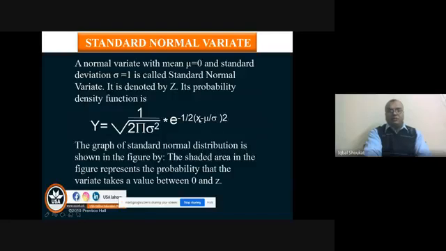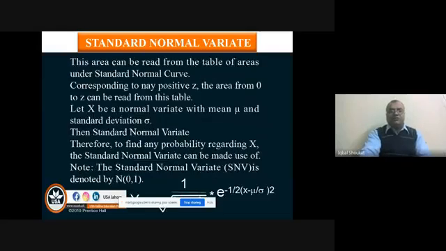Here you will see x minus mu over sigma is known as the standard normal random variable. So the graph of the normal distribution has been shown in the next figure. The shaded area in the figure represents the probability that the variate takes a value between 0 and z.